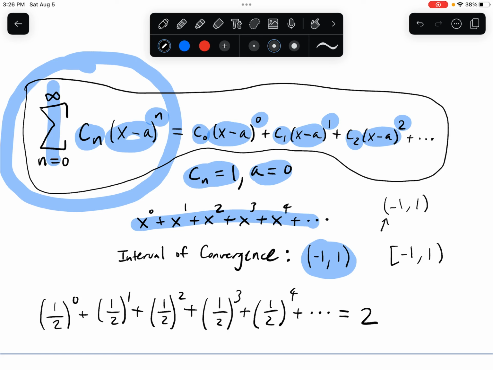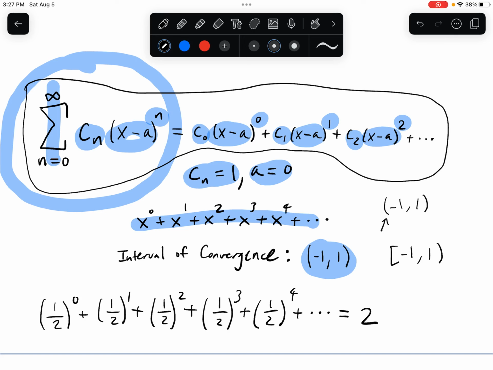So in our interval of convergence, since it's -1 to 1, but not including -1 and 1, that means that if we were to choose any value in this interval of convergence, our series will converge or approach a particular value as we increase the terms. Any value outside of our interval of convergence, such as 1, -1, 50, -50, 100, -100, all of those values will cause our series to diverge.